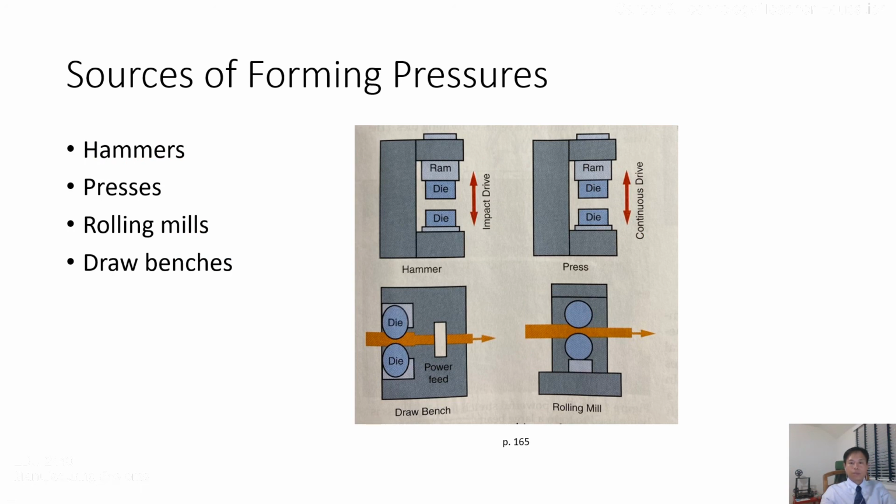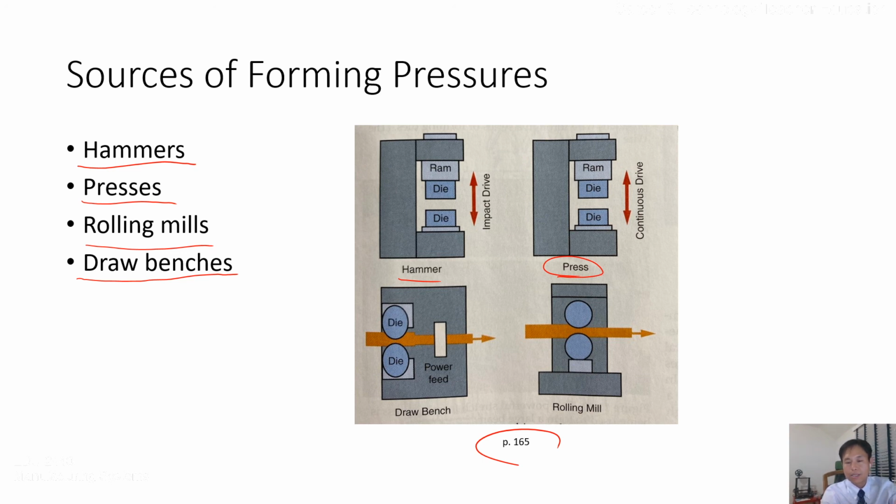So, the sources of forming pressure. We use certain forming pressures, such as the hammer or press, rolling mill, and draw bench. Those are graphical illustrations of hammering. We can do hand hammering or machine hammering, such as impact drive, and then the press uses continuous drive.